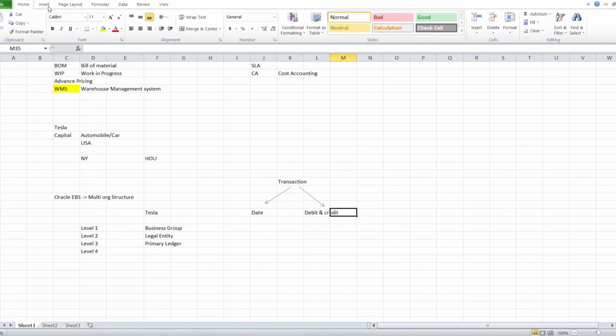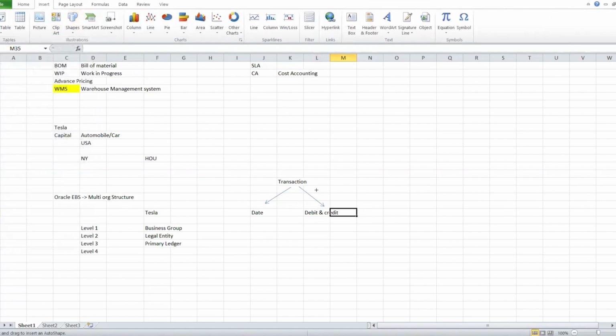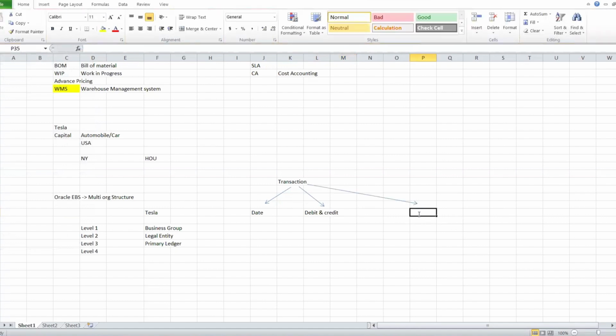And another thing is the item, or the record name, or let me call it the transaction name.